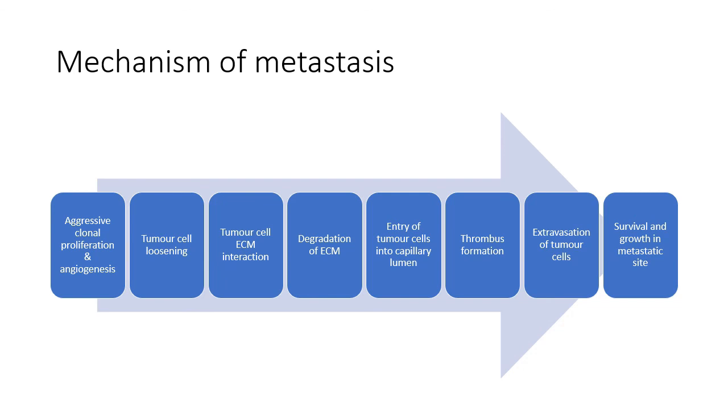This thrombus moves in circulation until it reaches a suitable site, and there extravasation of tumor cells occurs. The tumor cells in the circulation attach to the vascular endothelium and then extravasate to the extravascular space. The extravasated malignant cells, on lodgement in the right environment, grow further and give rise to metastatic tumor.